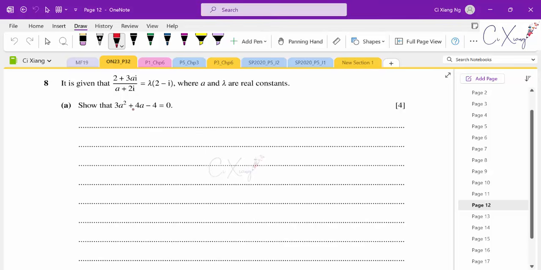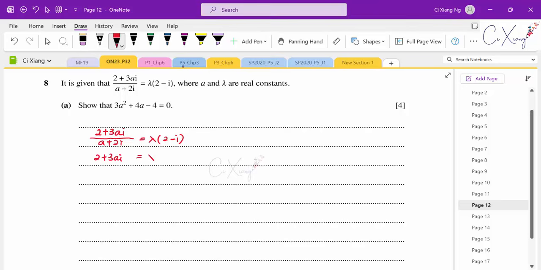Okay, so to get this equation, basically what we need to do is start from what they give us first. So we have the equation in terms of a and also lambda: 2 plus 3ai divided by a plus 2i equals lambda times 2 minus i. Now I want to get rid of the denominator.